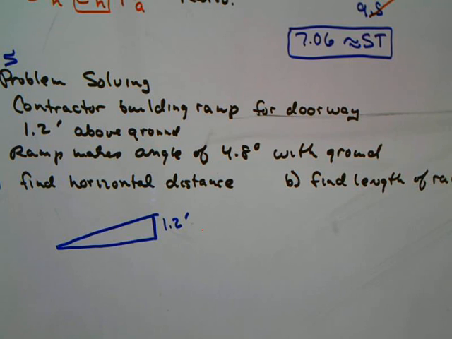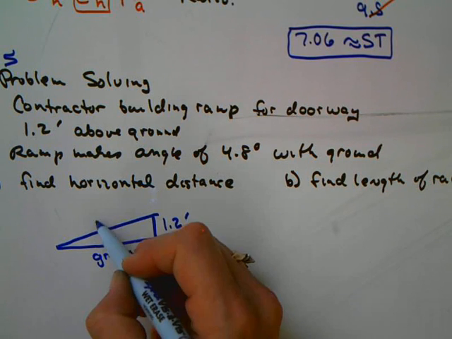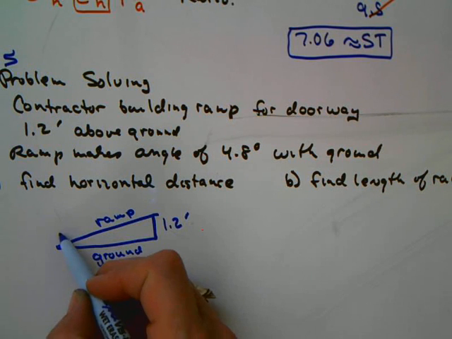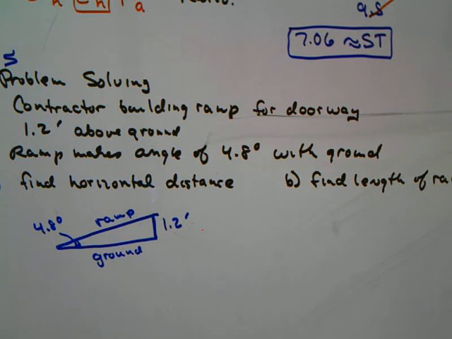And this is the ground, and this is my ramp, and the ramp makes an angle of 4.8 degrees with the ground. It's some building spec. They have rules about this for handicapped people. So I know that angle has to be 4.8 degrees. What if I want to find the horizontal distance?